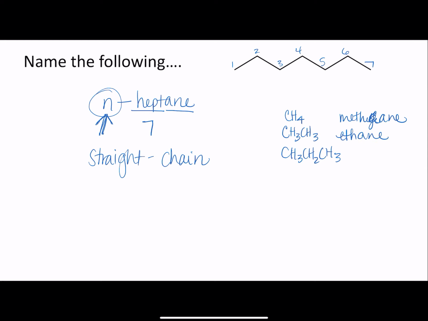There's only one way to arrange these 3. We can't really branch off of these without getting a different compound. So these 3 that are in this box don't get the n. Everything above propane, though, butane and above, has the chance of having the n if it's in a big, nice, long, straight line.